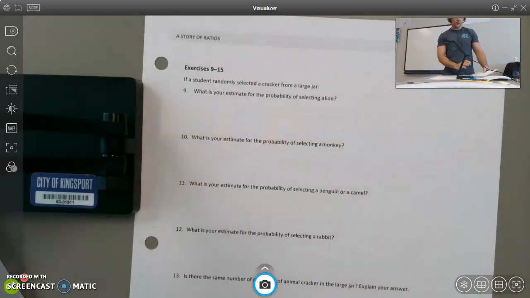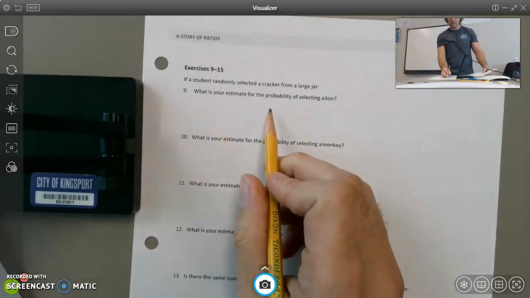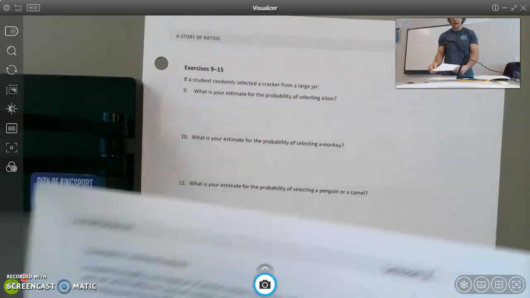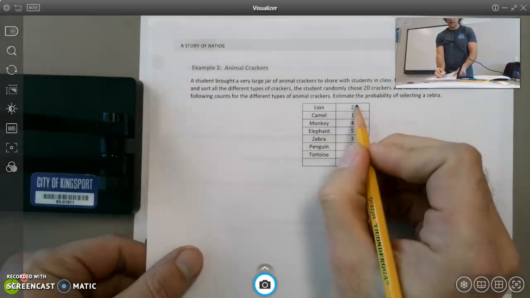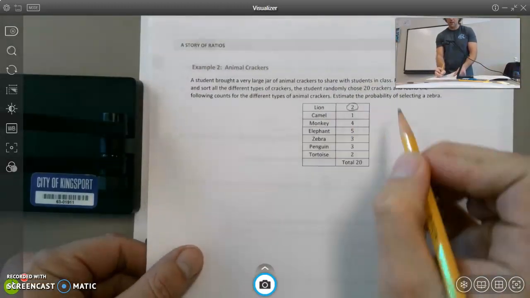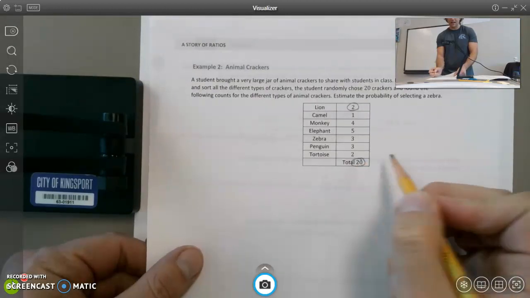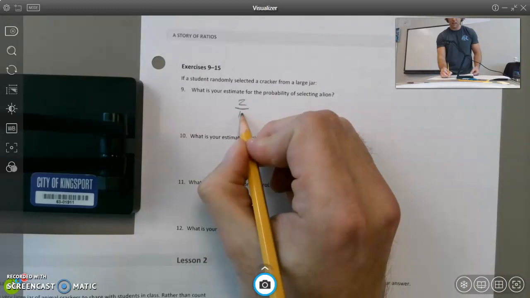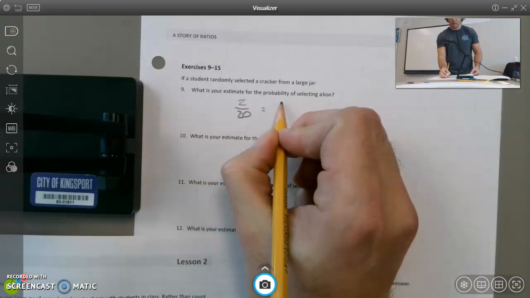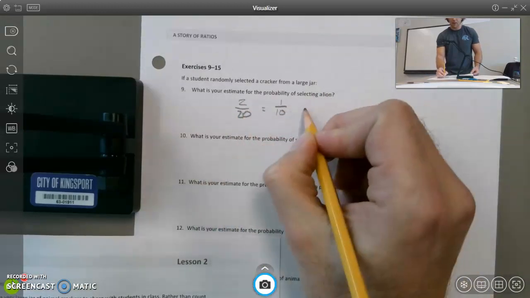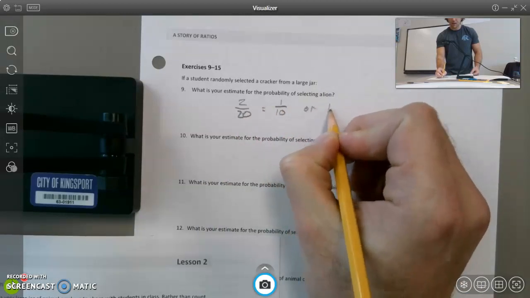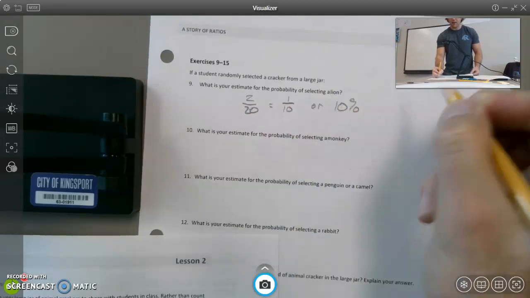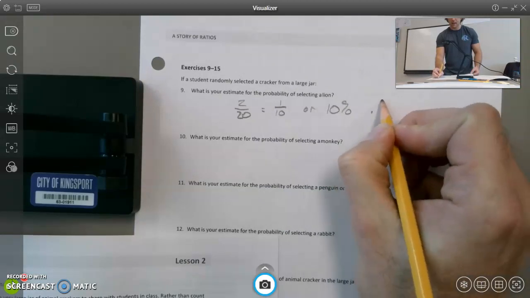Based on our sample, what is the estimate for the probability of selecting a lion? Well, there are 2 of them out of 20 observations, or 20 experiments. So 2 out of 20, which is equal to 1/10, or 10%. We could even write that as a decimal. The likelihood is 0.1.